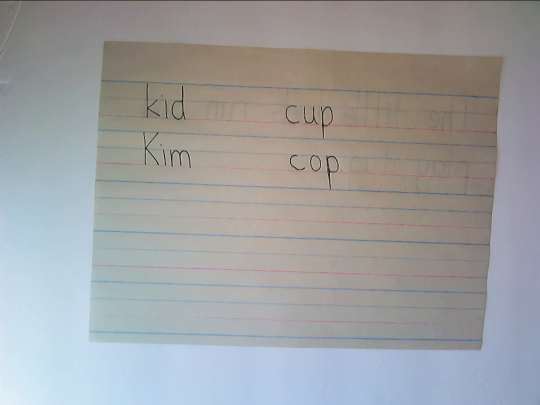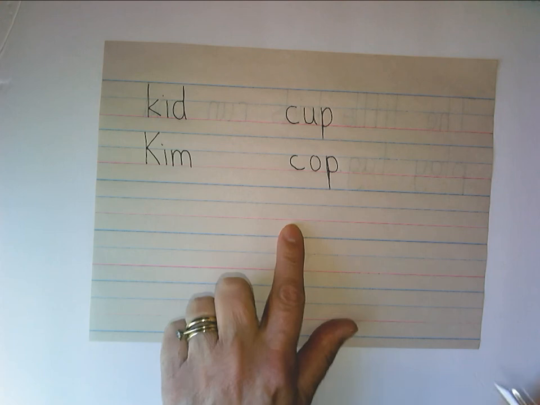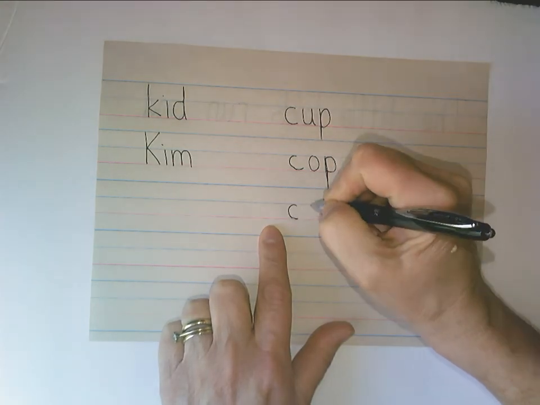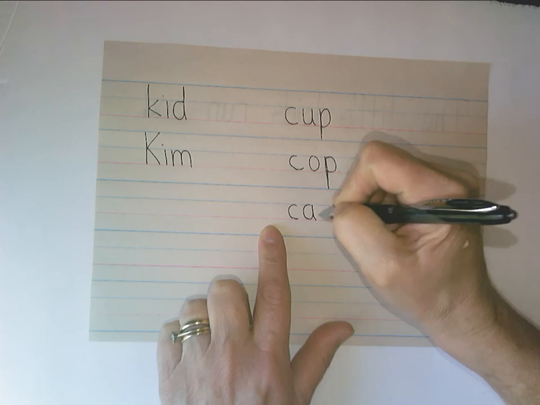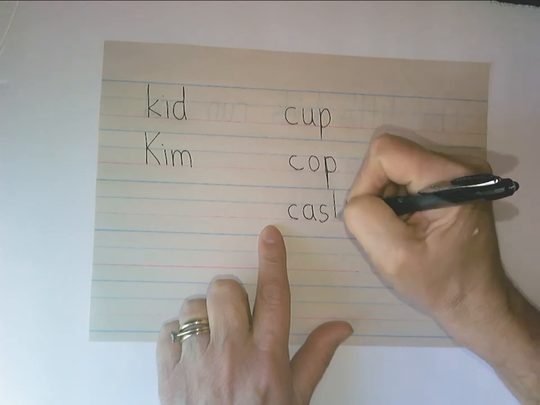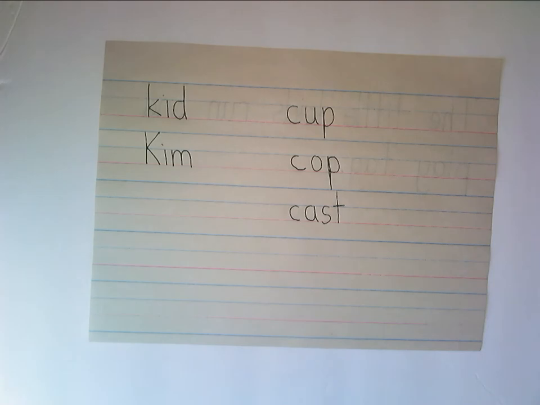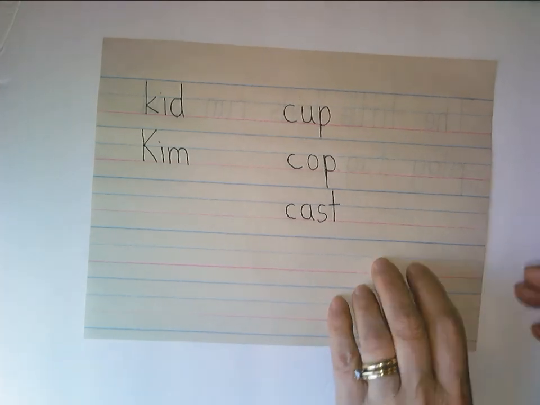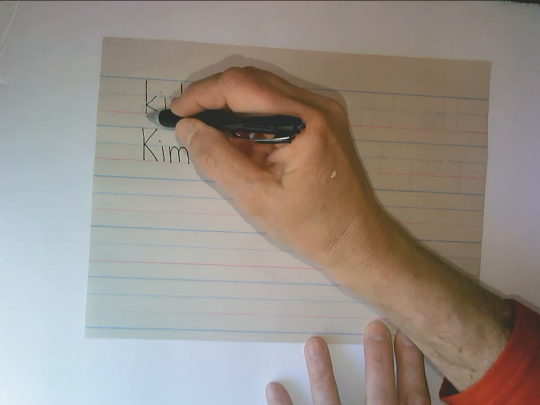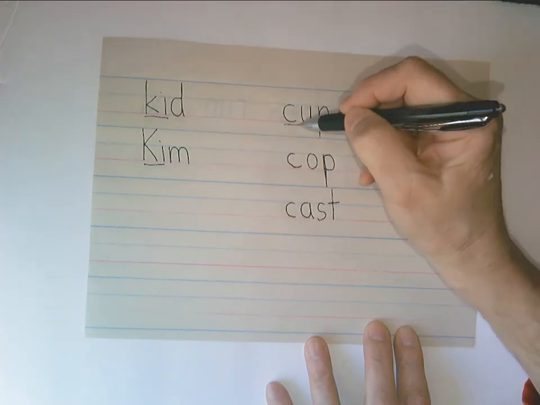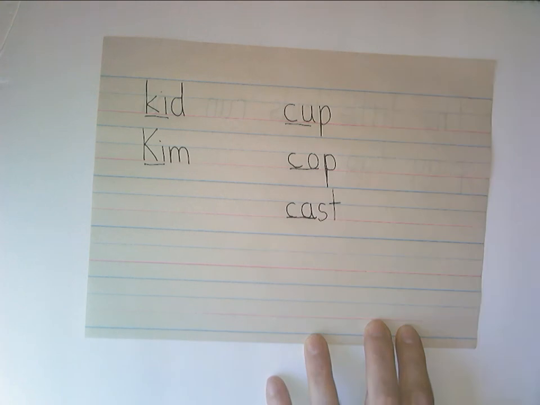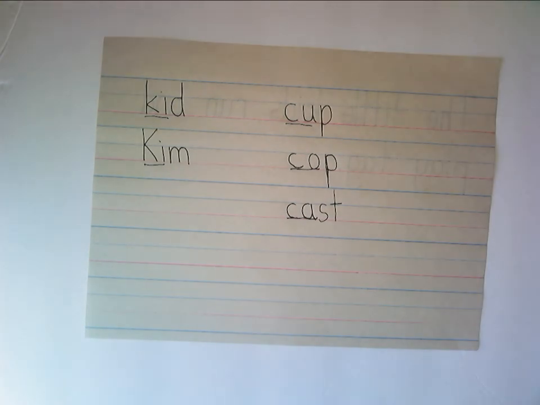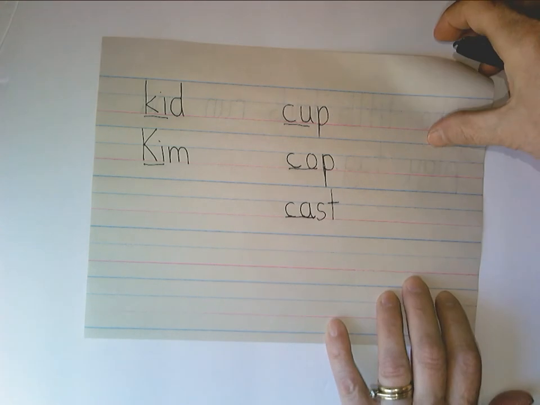So does cast start with a K or a C? Cast. You're right. It starts with a C because the vowel sound after the k sound is A. So it's a C. Well, I hope that helps you understand a little bit. You have to know your vowel sounds in order to know whether the word starts with a K or a C. But you'll get good at that as you practice.